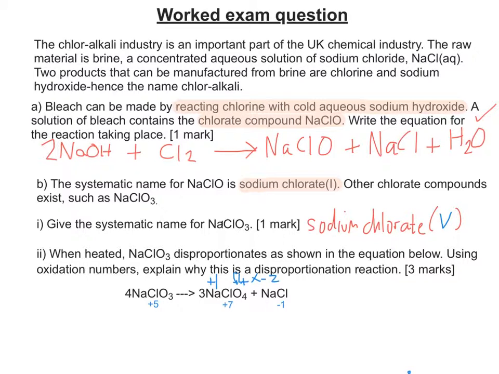So for the whole thing to be neutral, or 0 overall, the chlorine has to be +7.